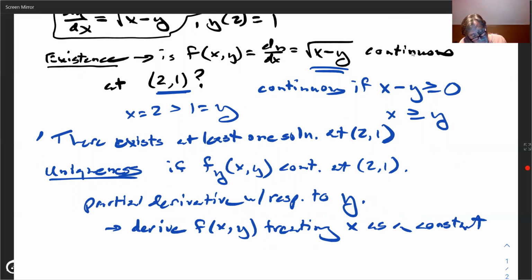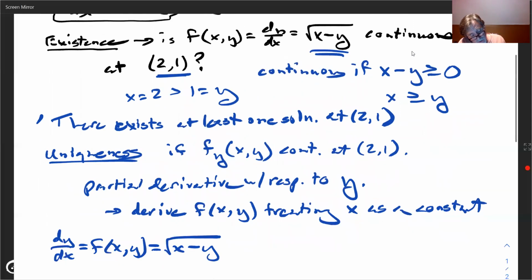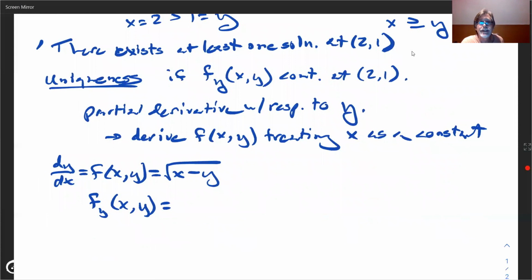So what is f? Well, you're talking about dy/dx, and that's equal to f of x, y, and that's equal to the square root of x minus y. And what we're going to do is find f sub y of x, y, the derivative of that function with respect to y. So when you do it, you go, oh, it's a square root. This is a chain rule. The outer function is the square root. Do you remember that it goes 1 over twice the square root of whatever?